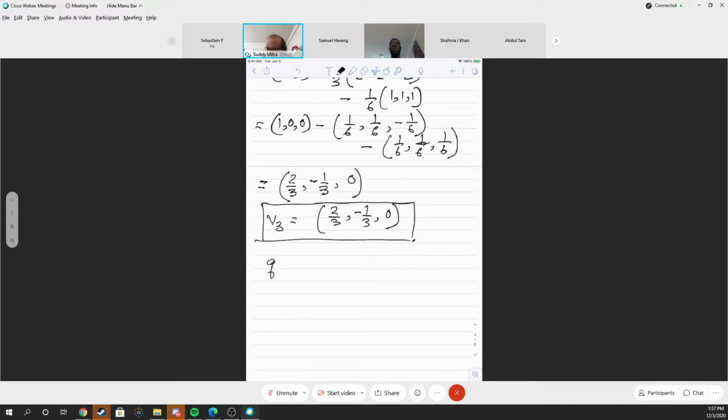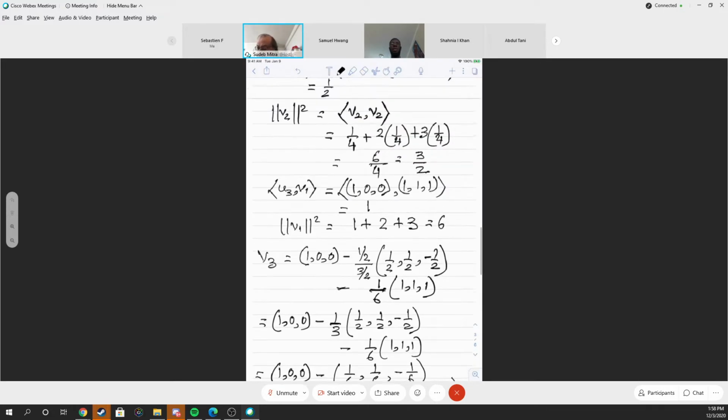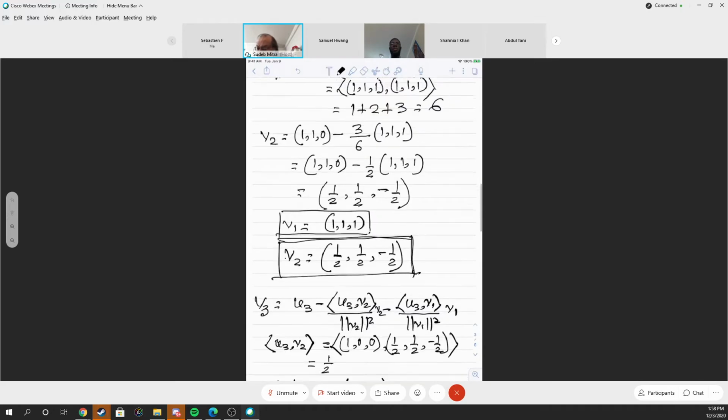So Q1 is V1 upon norm of V1. Q2 is V2 upon norm of V2. Q3 is V3 upon norm of V3. So norm of V1 squared is what? 6. And V1 is 111.